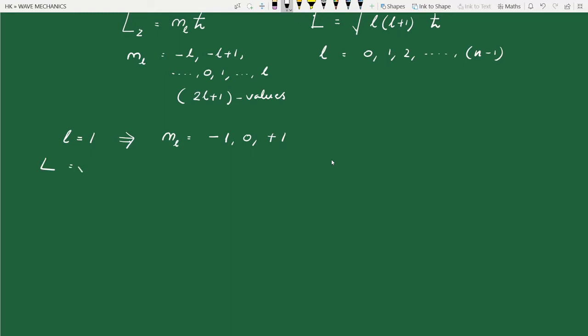Root of l into l plus 1 h cross, that is root 2 h cross. If ml has these values, what are the values of Lz? Lz is ml h cross, that is minus h cross, 0, plus h cross. What is meant by this? Okay, that is the question.